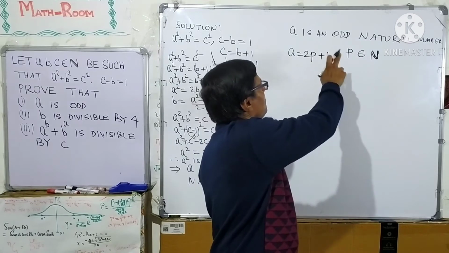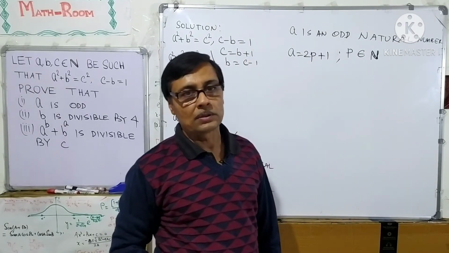A is an odd natural number, so it can be expressed as 2p plus 1.